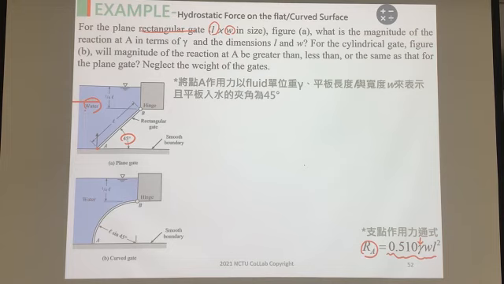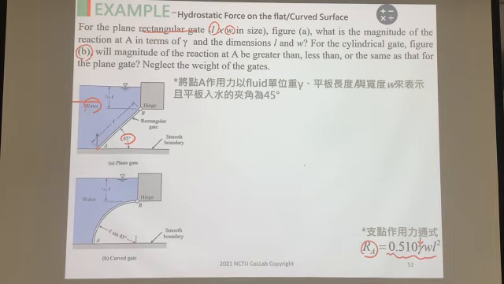So this is a general formula for putting a flat panel under the water at 45 degrees. You don't need to do a complicated computation. You just follow this formula, and you can compute the force at the A point very quickly.